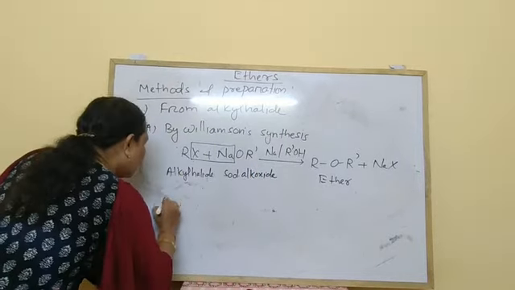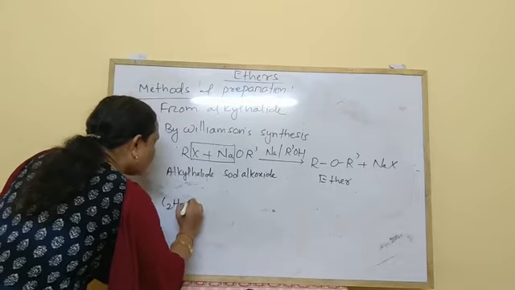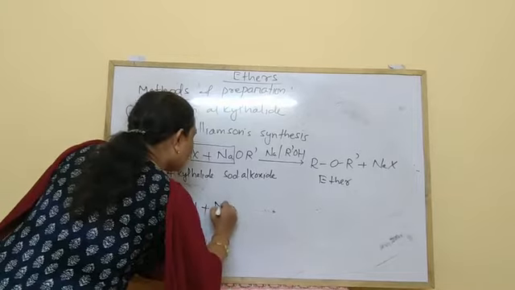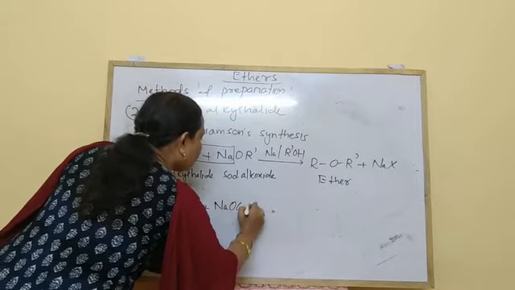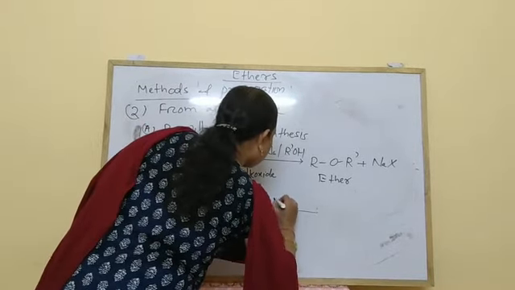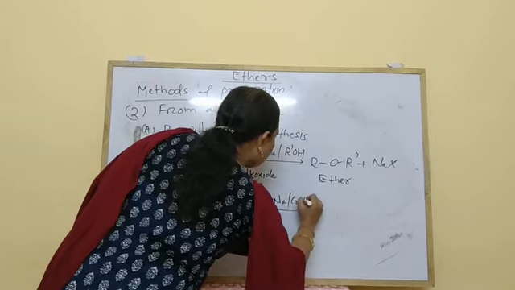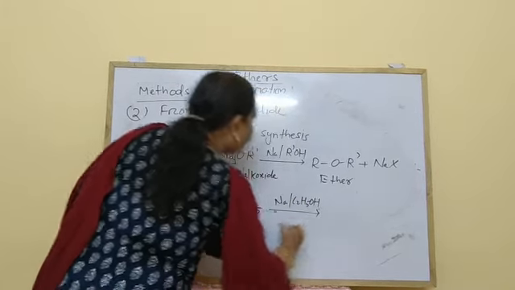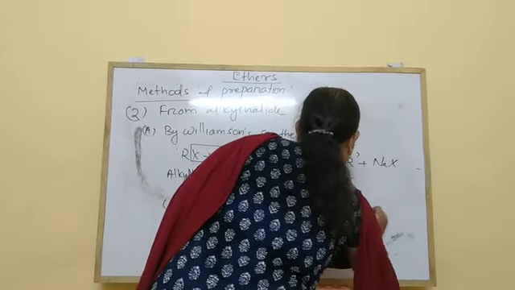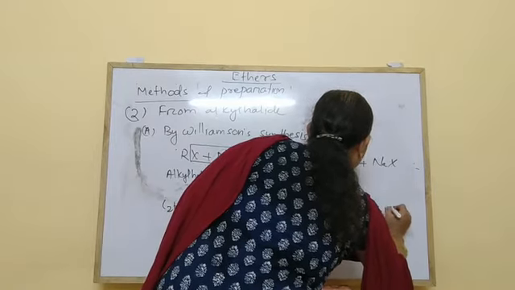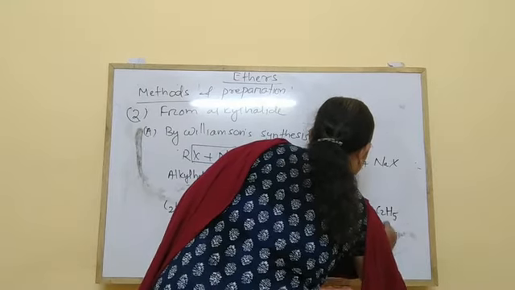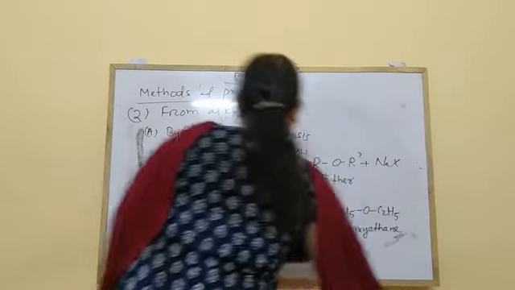For example, ethyl chloride plus sodium ethoxide forms ethoxyethane.